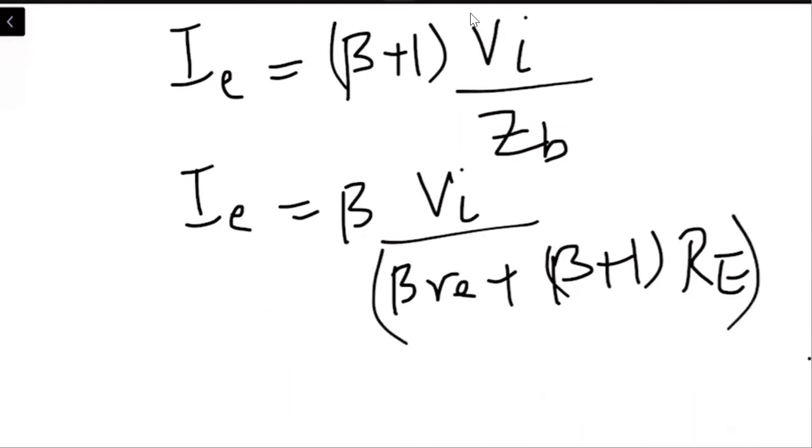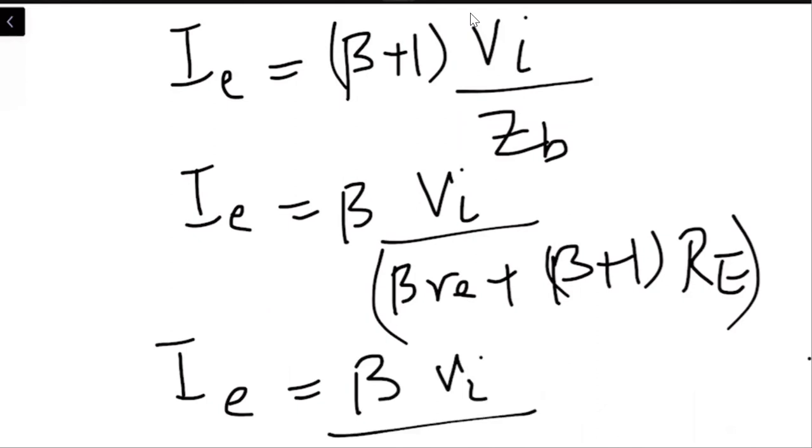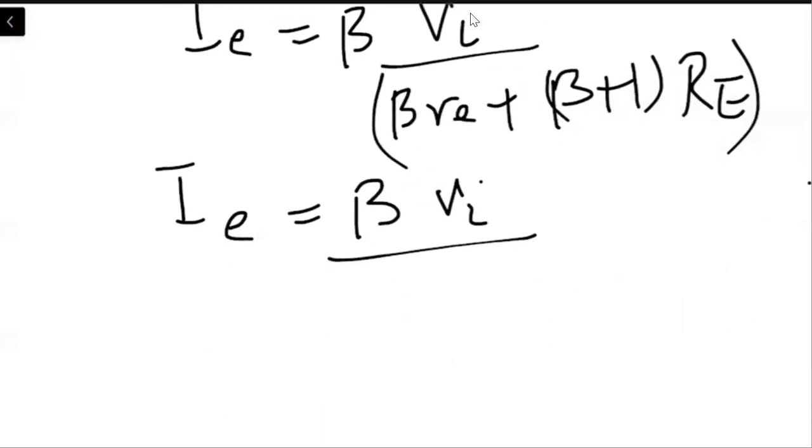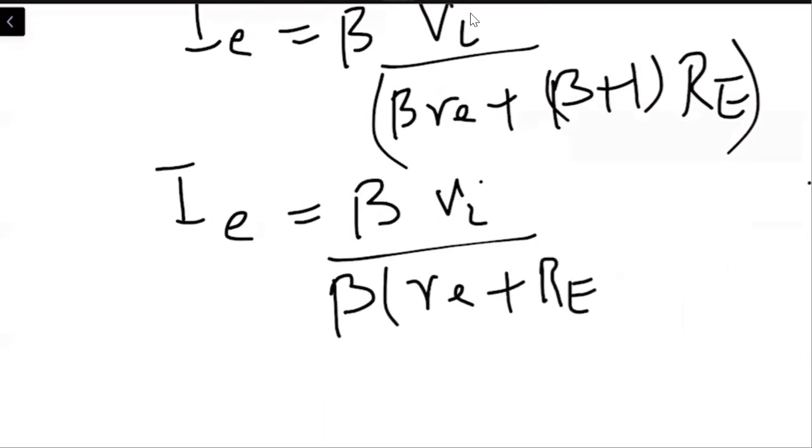Or we can say that IE is equal to beta times VI divided by, beta plus 1 being more or less equal to beta, so we can take beta common from the denominator. So we have re plus RE capital, right?